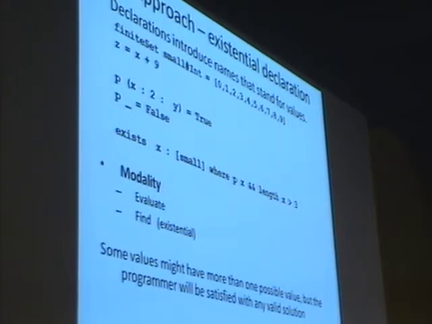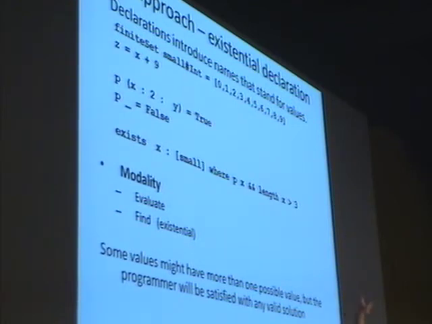Okay. So the approach I use is this thing which I call an existential declaration. Okay, so declarations introduce names that stand for values. So I say, there's a finite set, small, which is a set of integers. I'm going to give some values and some computation goes there. Since it's a set, if there are duplicates or the order doesn't matter. z is equal to x plus 9, so I compute something, okay.